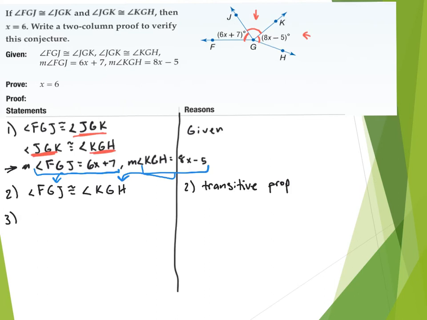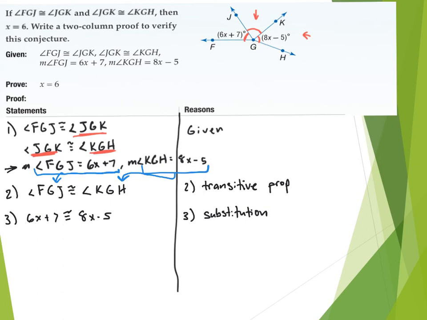This would give us 6x plus 7 is congruent to 8x minus 5, and this is substitution. All right. So first, we could set the two angles congruent to each other because of the transitive property. Then, since we were already given those two angles' values, we can substitute the values into this equation that we wrote.